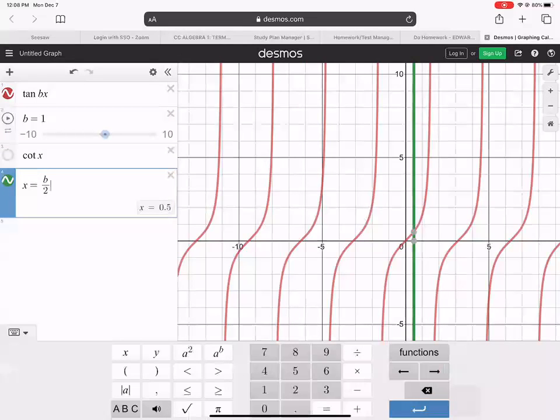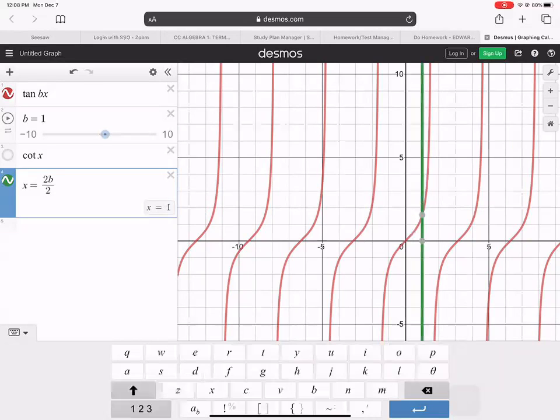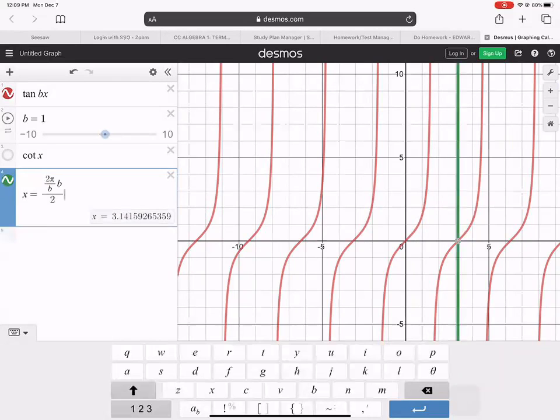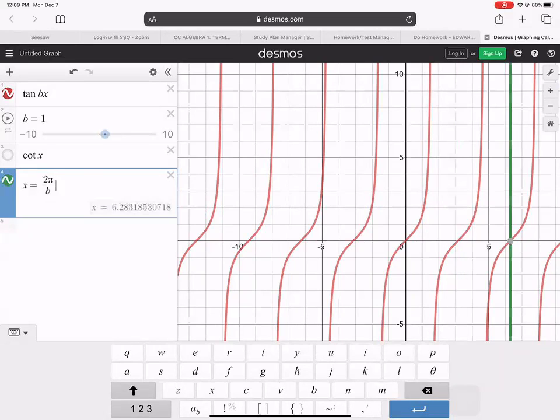Nope, sorry, 2 pi b. Pi divided by b is my period. I'm going to divide this by 2.